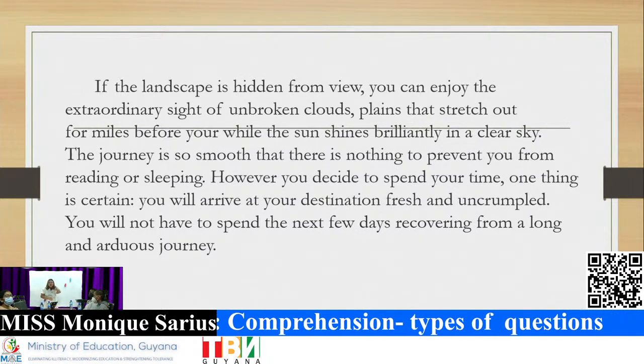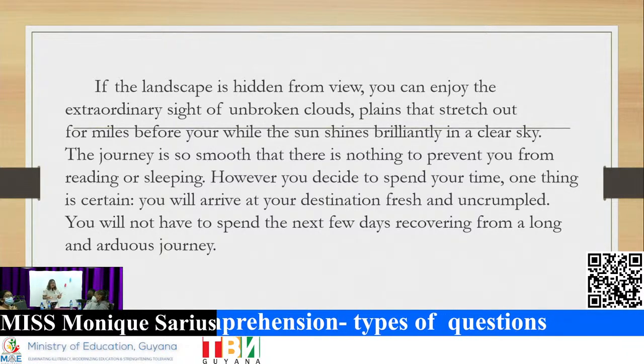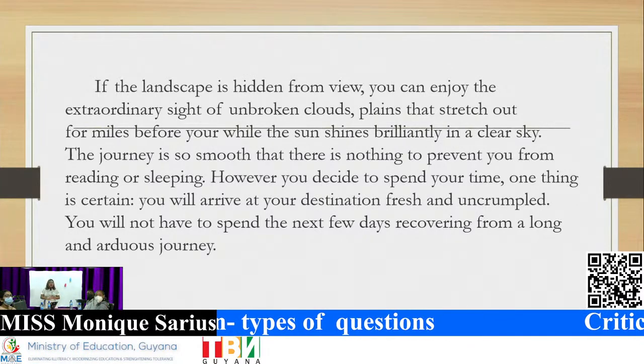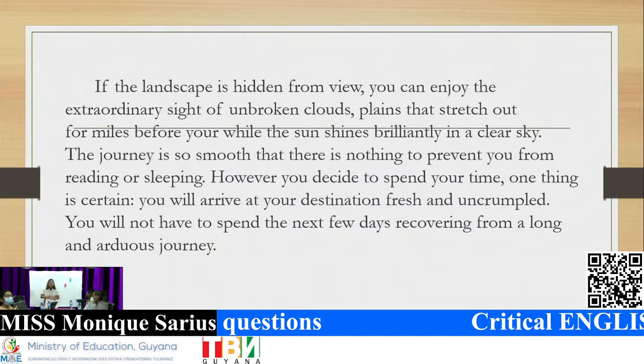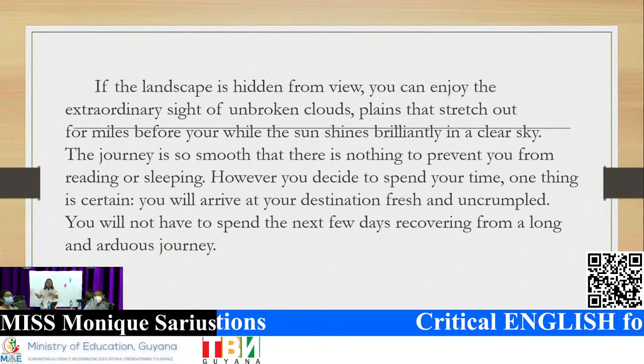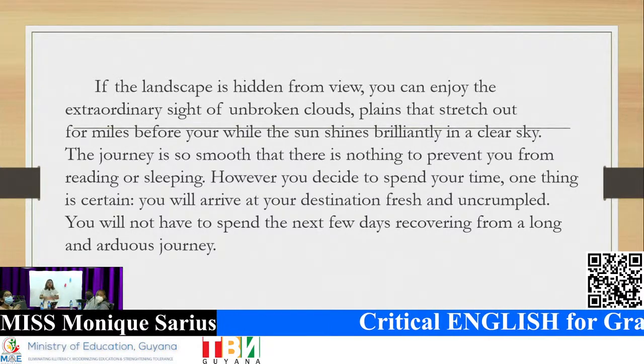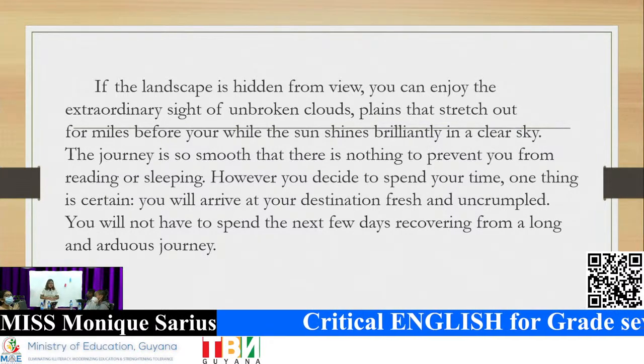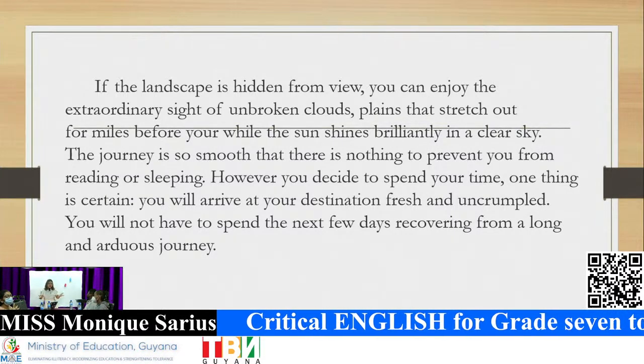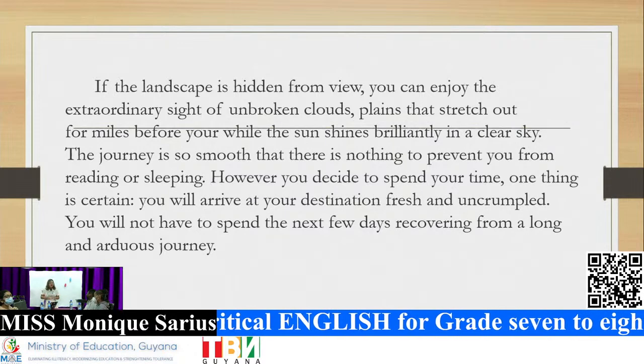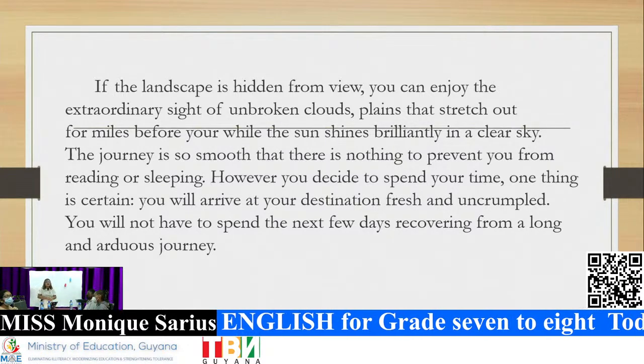So we're talking about, again, what you're seeing. We already talked about clouds in the previous one, but in this one here, they call them unbroken clouds, plains that stretch out for miles, the sun shining brilliantly in the clear sky. So basically, they make it seem like a wonderful journey, like nothing can go wrong, right? And the journey is so smooth.